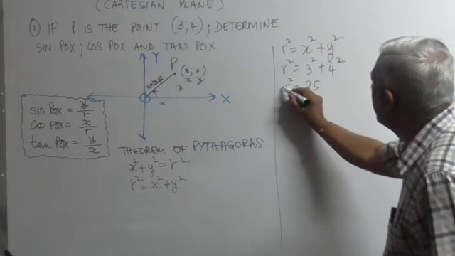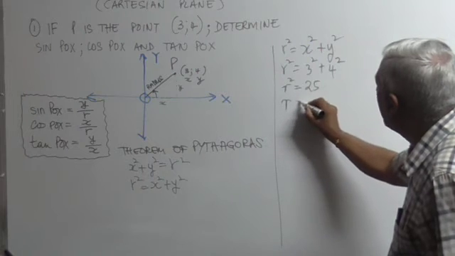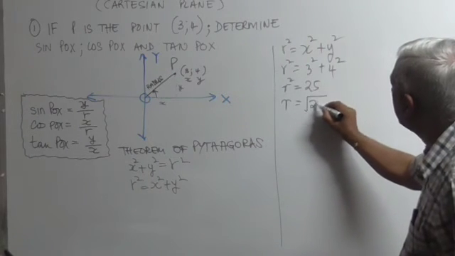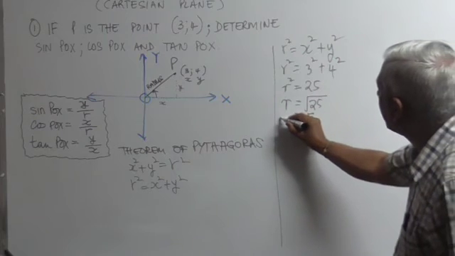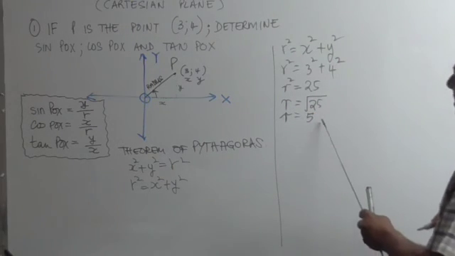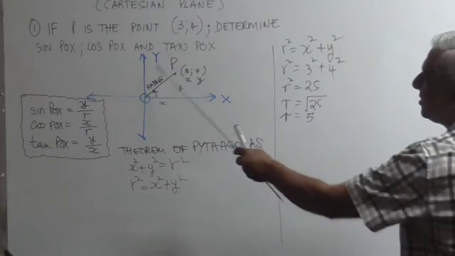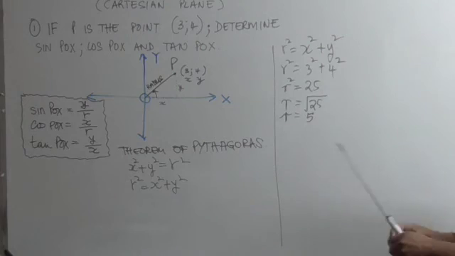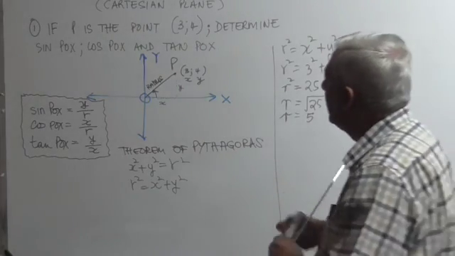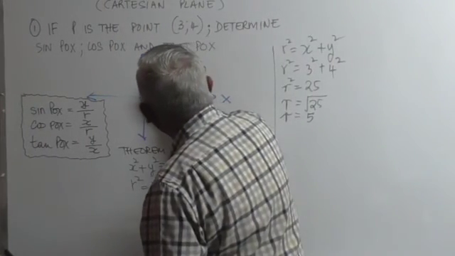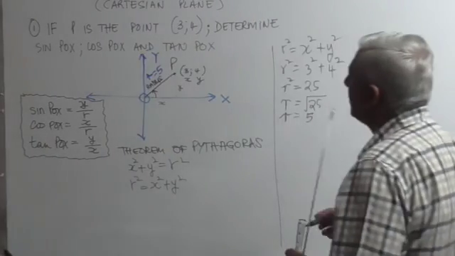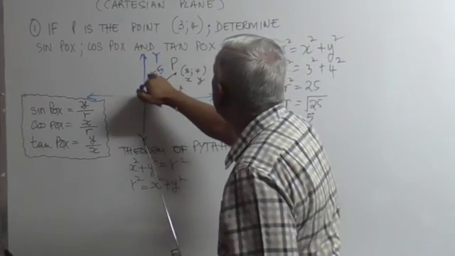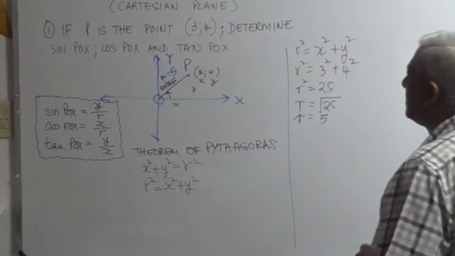If r squared is 25, then r is equal to the square root of 25, which is 5. Now we have found r. We can go back to the board and write down here that r is equal to 5.